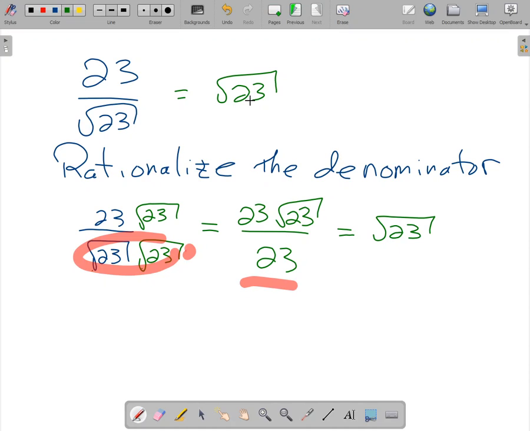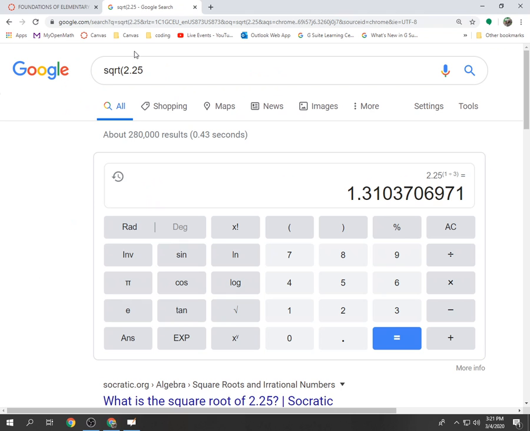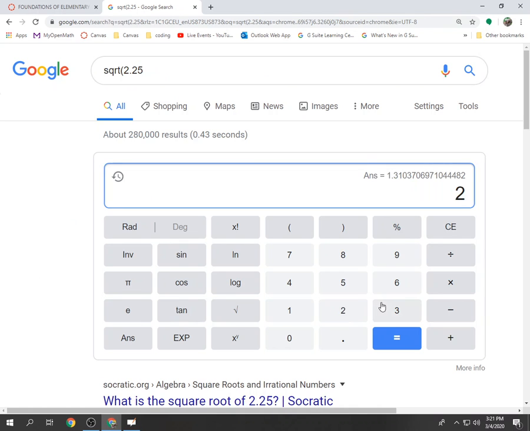Let's double check with a calculator. So what I want you to do is whip out a calculator, type this into your calculator, see what the answer is. Try it. So 23 divided by, most calculators have a square root button, 23, close parentheses.